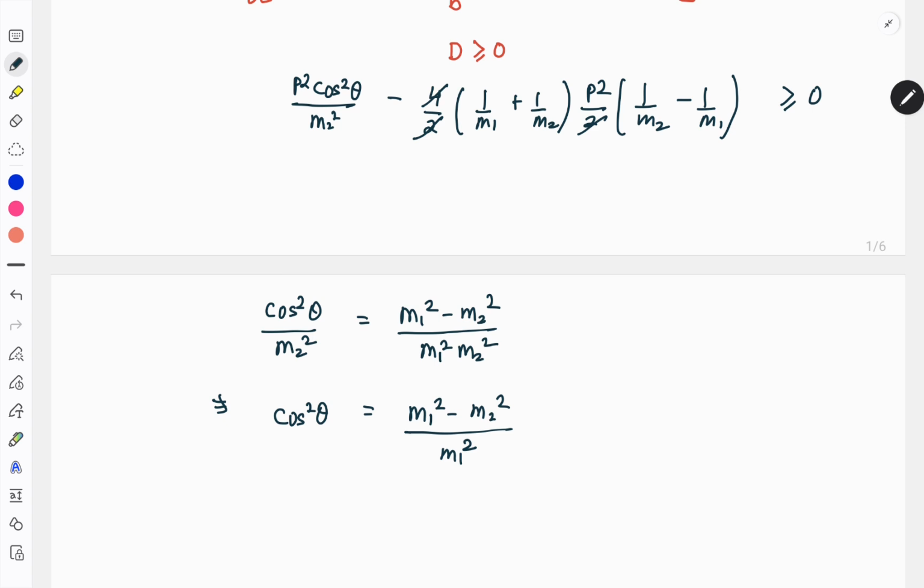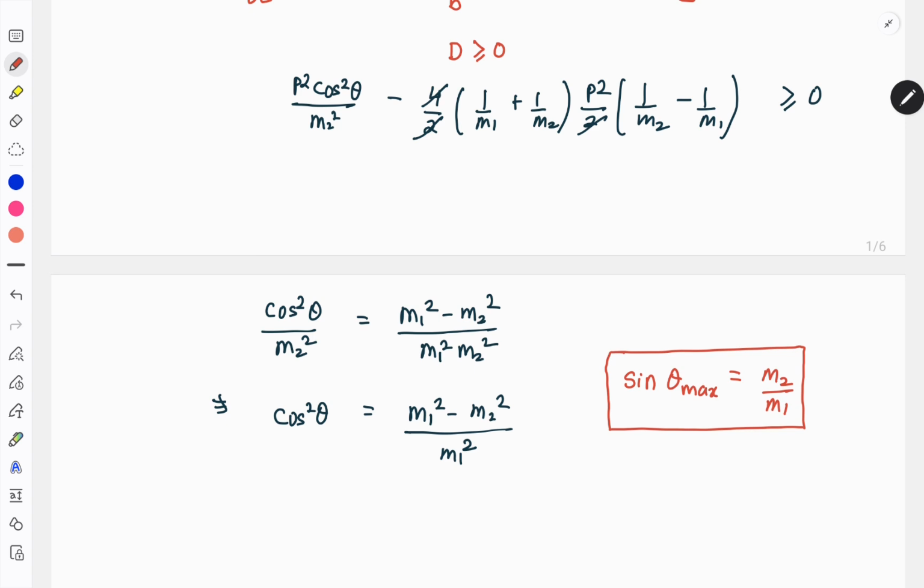Or we can write the answer the way it is given in Irodov, that sin theta maximum. For the maximum we have equated the cos theta part, the equality is obtained. So we obtain sin theta maximum equal to m2 by m1.